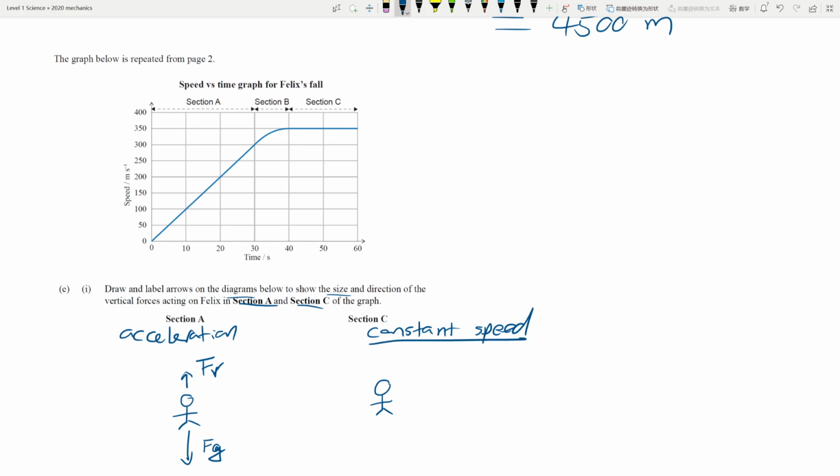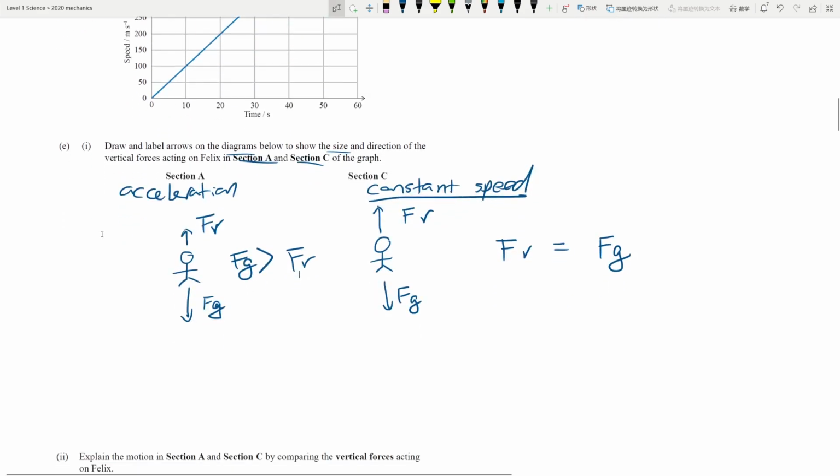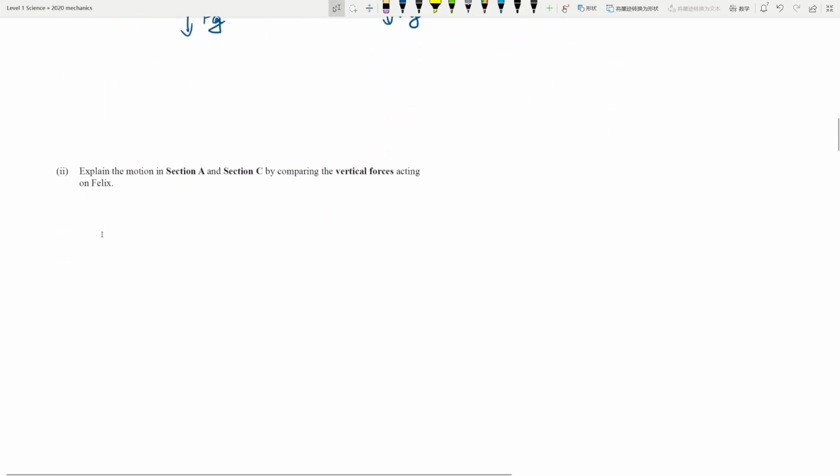But if it's a constant speed, the force of gravity and the resistance force are the same. But for this one, the force of gravity is bigger than the force of resistance. Okay, so why is that? Because this is what we call the net force. I know that's going to come up, so that's why I looked at it here.